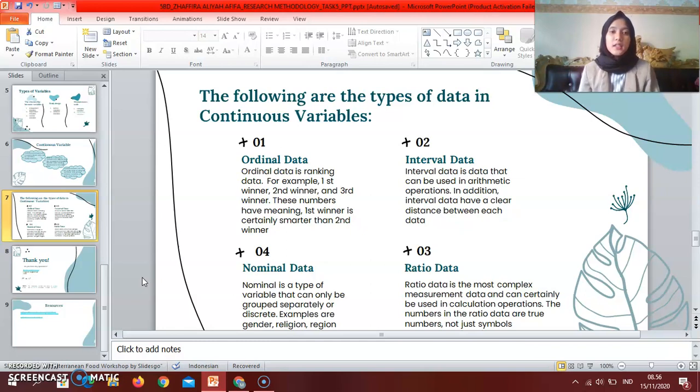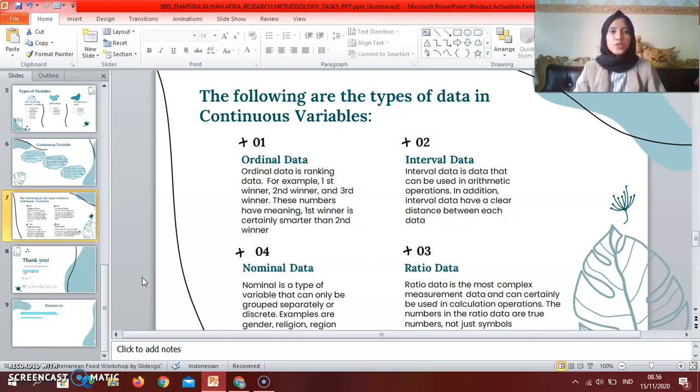And third is ratio data. Ratio data is the most complex measurement data and can certainly be used in calculations of ratios. The numbers in the ratio data are true numbers, not just a symbol. An example of ratio data is body weight.